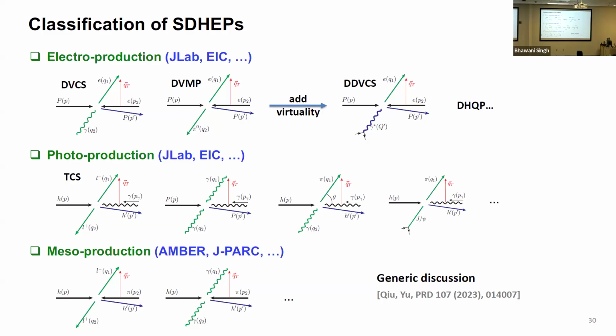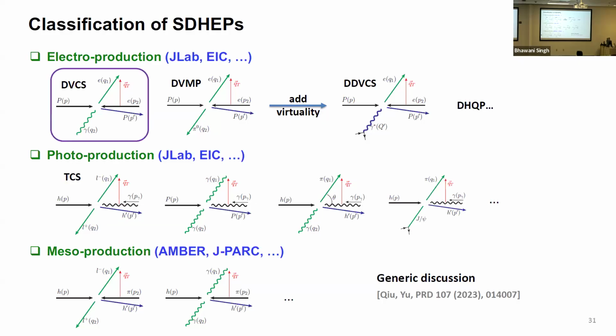And all these processes fit into the 2 to 3 template that we have shown. So the power of introducing the so-called single diffractive process is that we can have a unified picture for all these processes for GPDs.